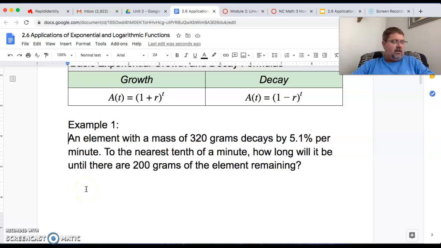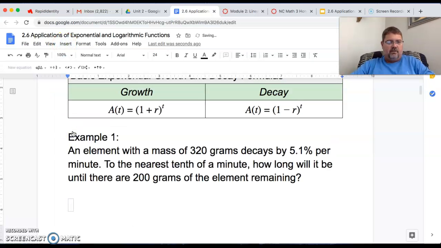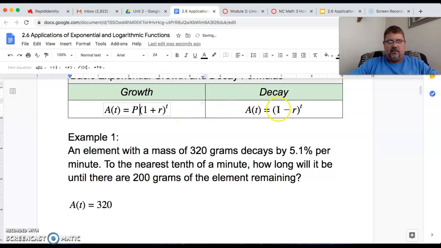Let's write the formula out that we have, and fill in everything we've got. So we'll insert an equation here. We know that the one we need is A of t equals the mass, which was 320. That's your initial amount. These formulas need to be updated, you guys. They need something there.